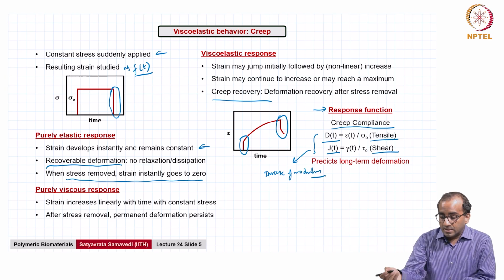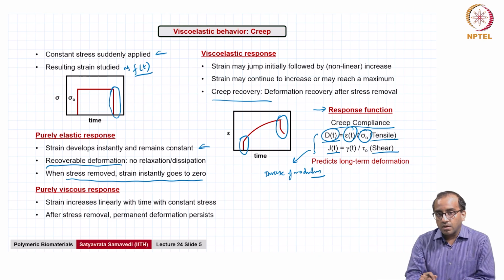They are simply given as, at any given time, the creep compliance is the strain at that time over the constant stress applied. And like we just said a couple of slides ago, these are functions only of time because we are working largely with linear viscoelasticity. So creep compliance is one way for us to understand long-term deformation to a constant stress for a viscoelastic material.